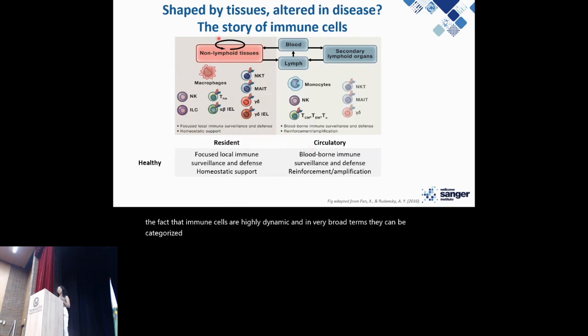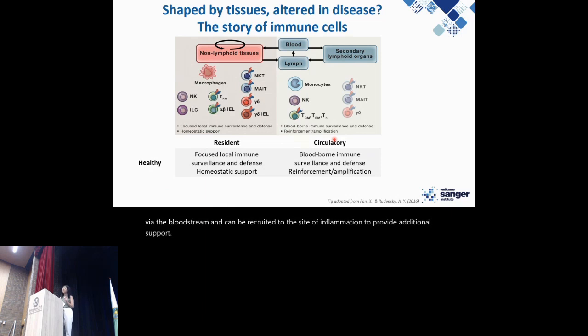The first ones are resident cells that provide localized and long-term immune protection in the tissue. The second group are circulatory cells that patrol the body via the bloodstream and can be recruited to the site of inflammation to provide additional support.